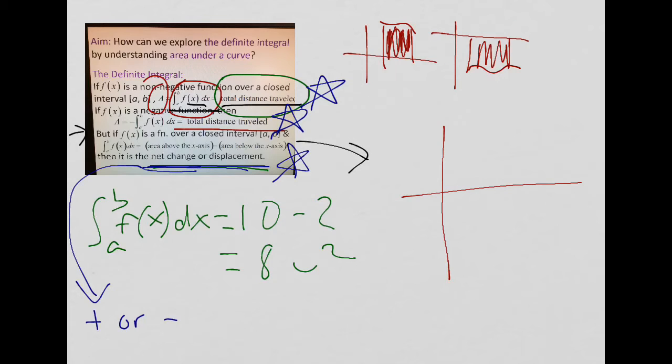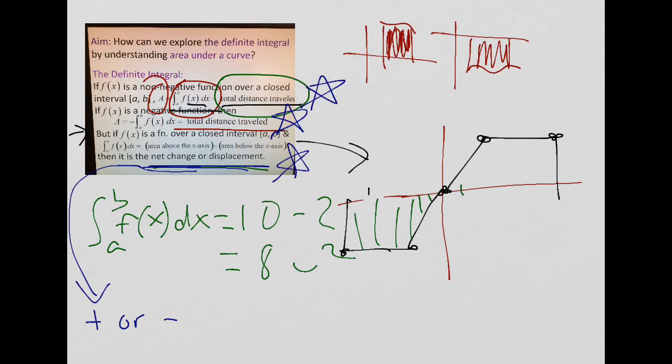Let's say we graph our function, bounded by the x-axis. I did not draw this very well, so I'm going to try again. Let's say the area here is 7, and the area here is 7.